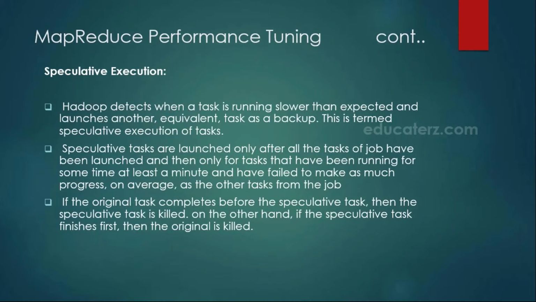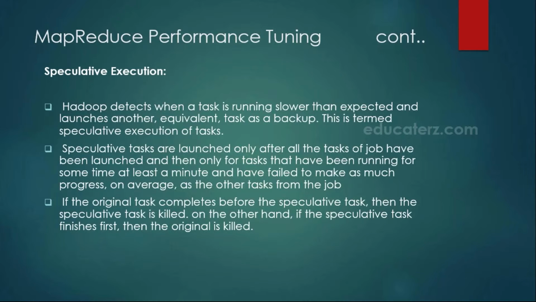So it will instantiate the same task on a different machine, because the system assumes that the task on that particular machine is slow. Whichever task finishes faster, whether the older one or the newer one, will be taken into consideration. The rest will be killed.